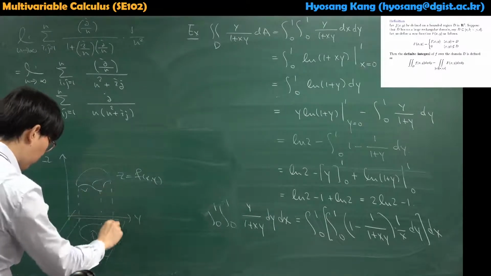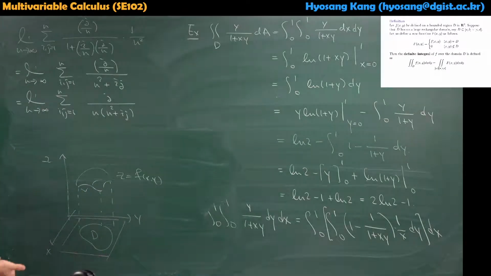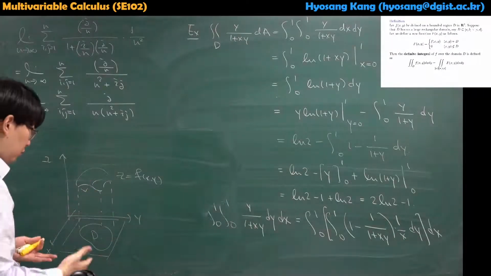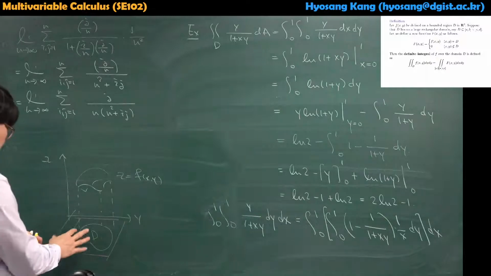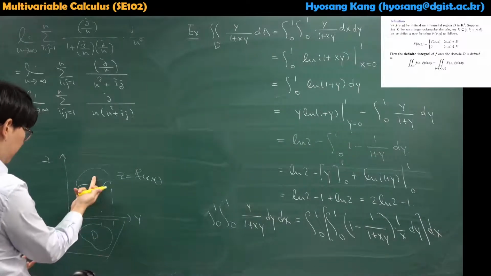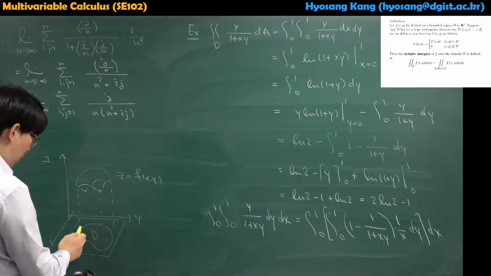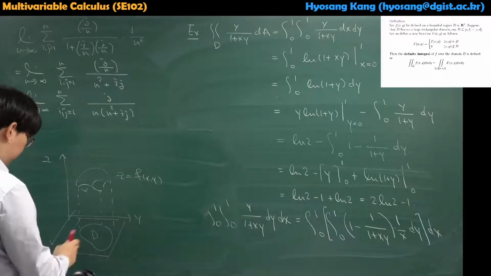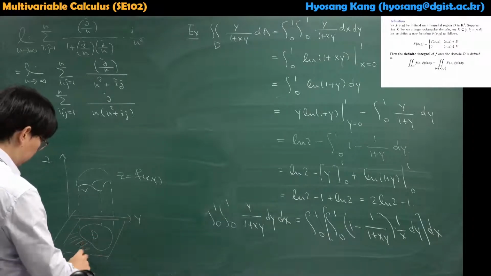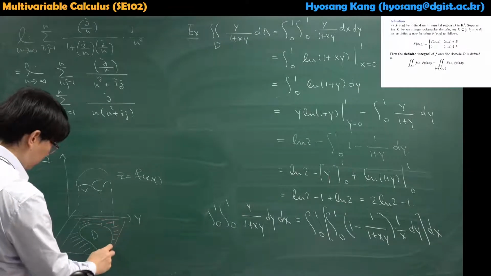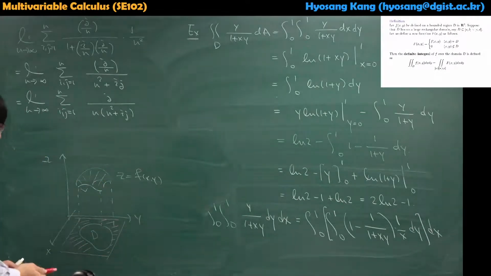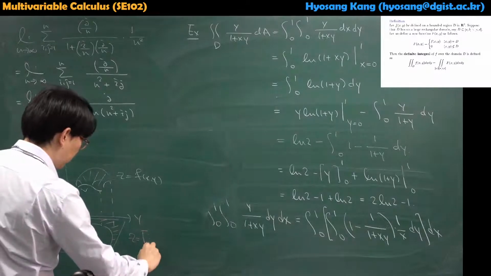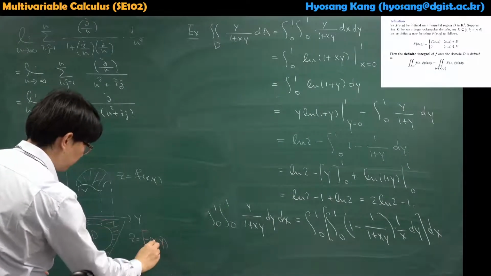I'm going to define another function whose domain is larger than D. This function has value f inside of D, but outside of D it has value 0. The red part is the graph of our new function, large F.